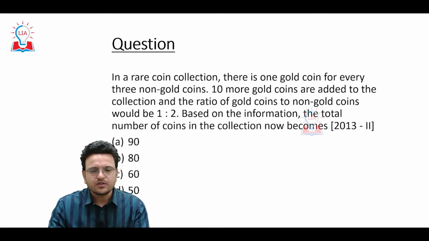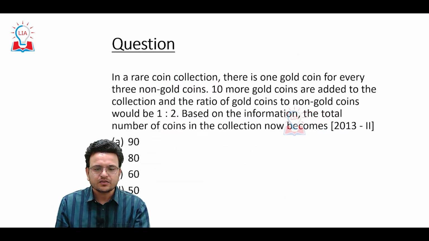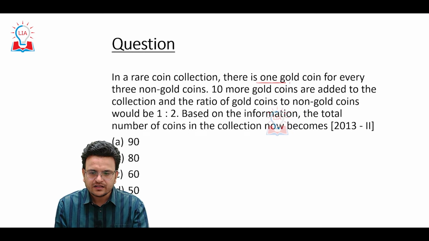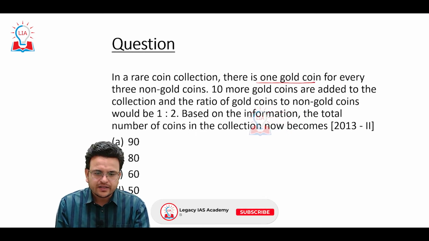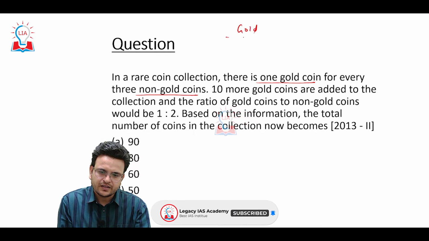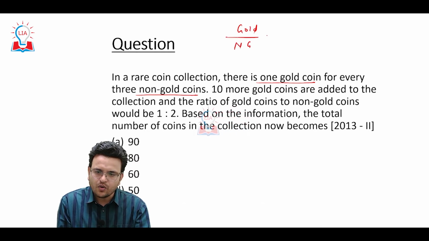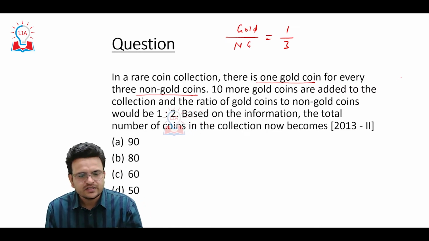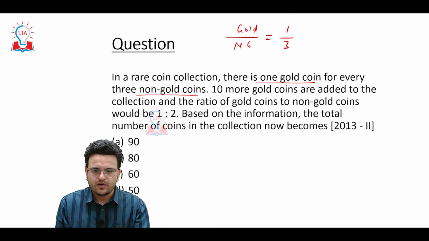Okay. Now come to one more question. In a rare coin collection, there is 1 gold coin for every 3 non-gold coins. Means gold coin to non-gold coin, 1 for every 3. So the ratio is 1:3.